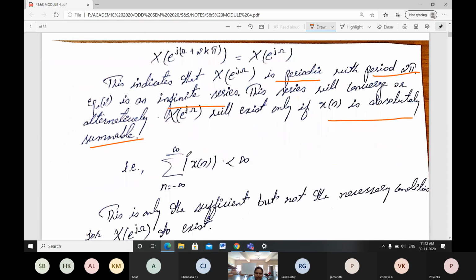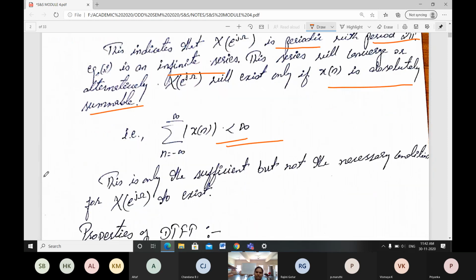So I can write summation n varying from minus infinity to plus infinity of mod of x of n should be within the limit. That is the condition for stability, and it should hold for any signal you prefer to use in your system design. This is only a sufficient but not a necessary condition. Within the limit it is enough, but it is not necessary that it should be within the limit only.